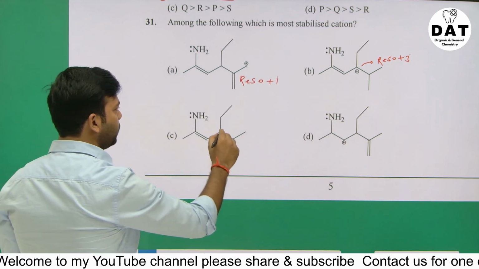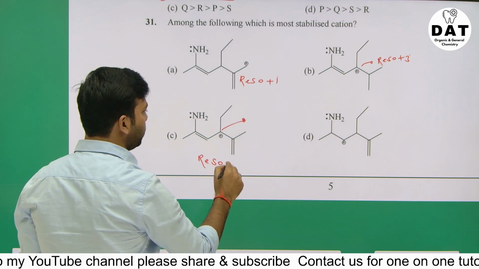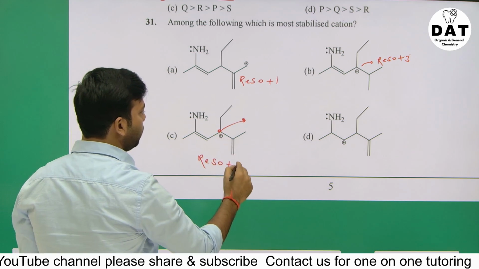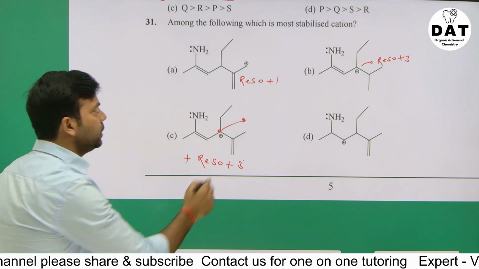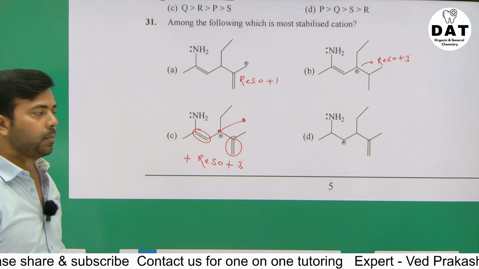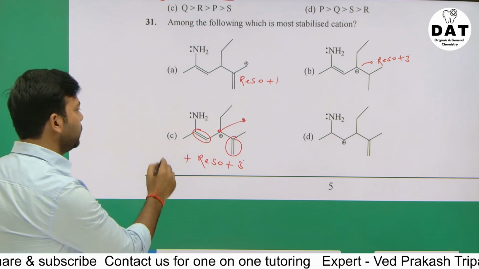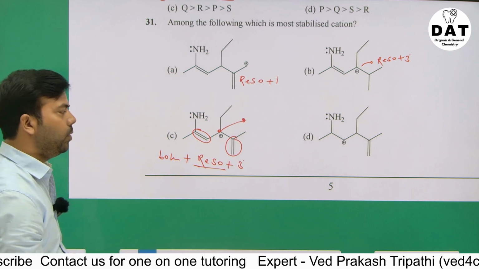This is resonance, plus this is tertiary as well, plus there is resonance on both sides, this side as well as this side. Can you see this? Both side resonance. So both side resonance means a more stable form.